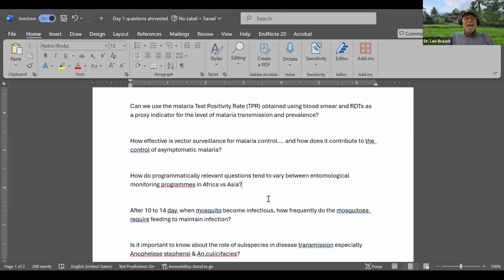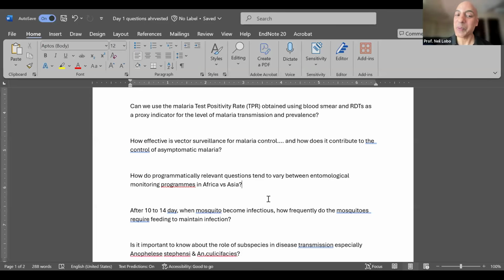Next one. How do programmatically relevant questions tend to vary between entomological monitoring programs in Africa versus Asia? Do you ask different questions? Great, that's a great question.